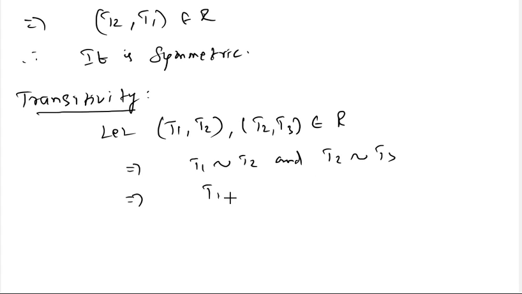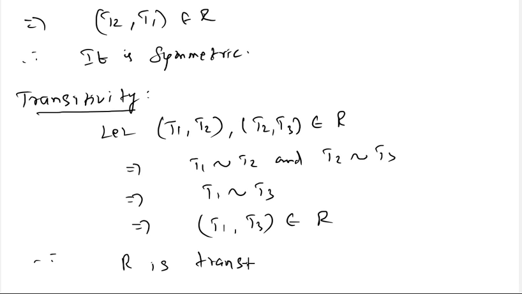This implies T1 is similar to T3, so (T1, T3) belongs to R, and therefore the relation R is transitive also. Therefore, the relation R is an equivalence relation.